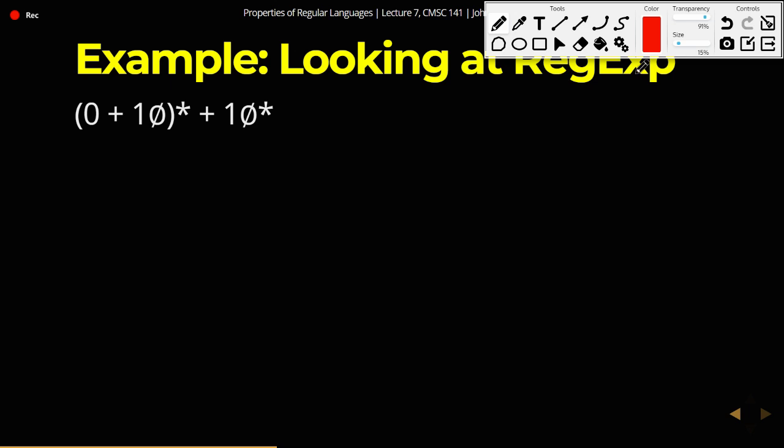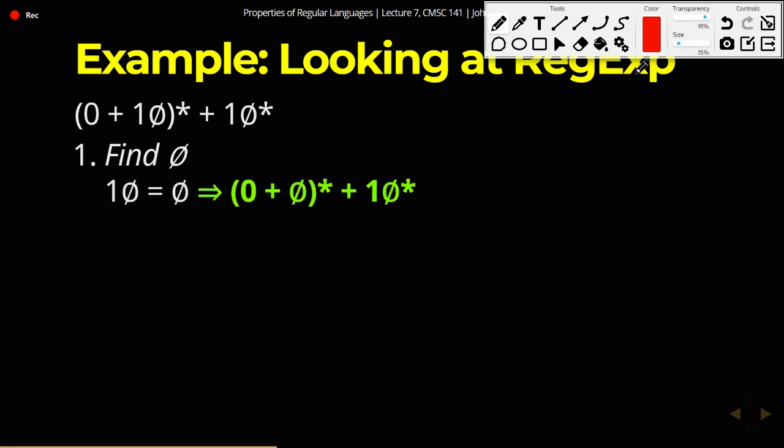Given this regular expression, let's try to simplify this and check if it's an infinite language or not. So first, find the expressions that are equivalent to null, and we have one here. So 1 null is just equivalent to null because the annihilator for concatenation is null.